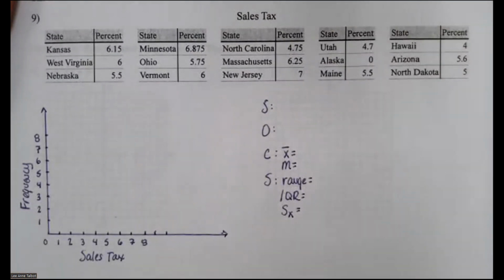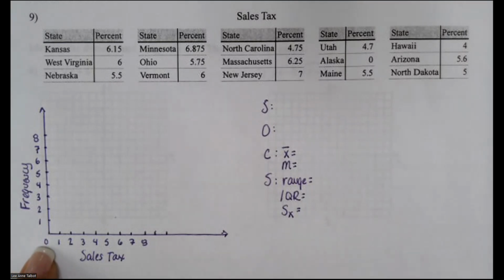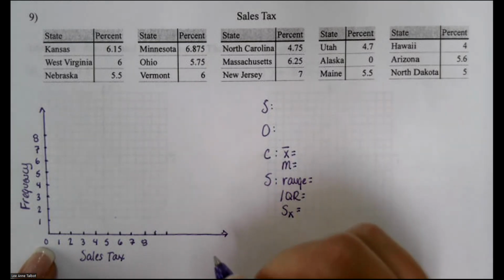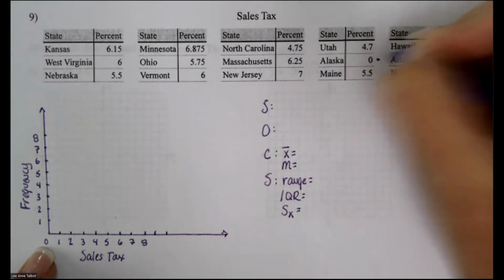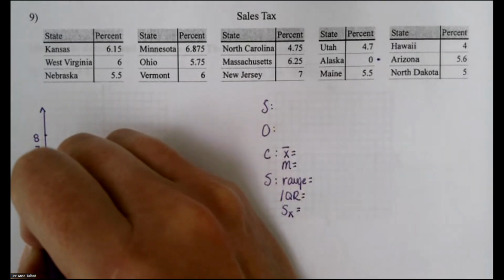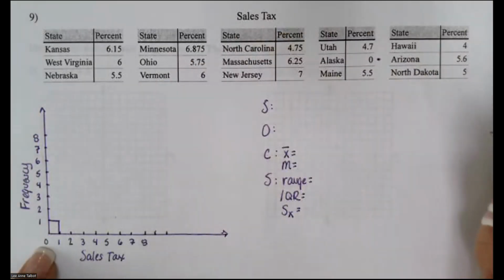0 to what? But not exactly to 1, right? So it's 0 to 0.9 repeating. How many numbers are between 0 and 0.9 repeating? 1, Alaska, right?